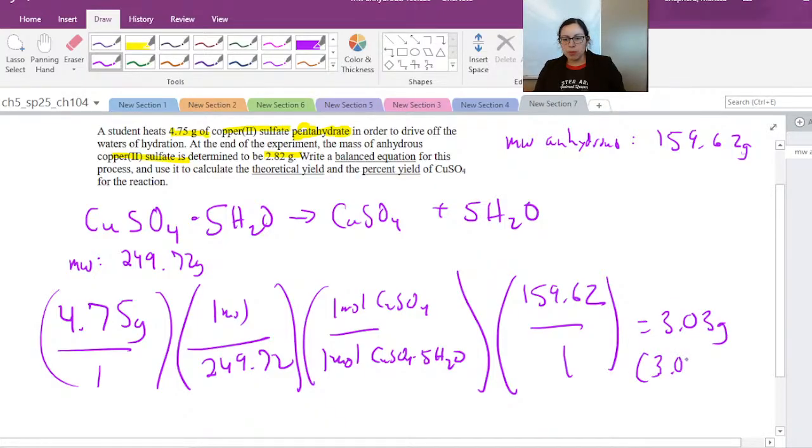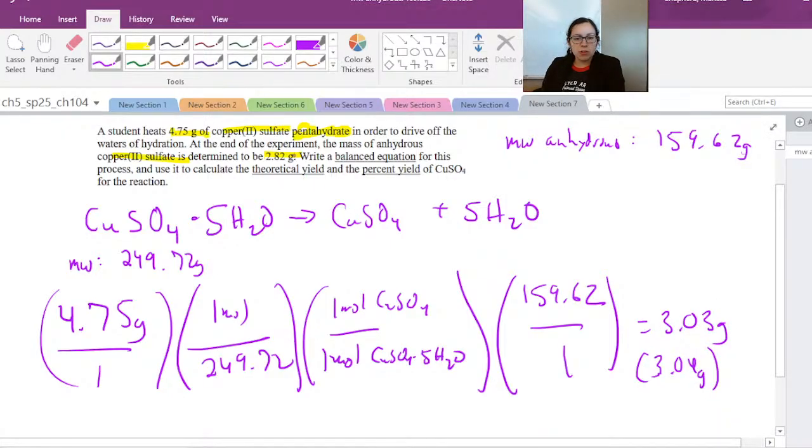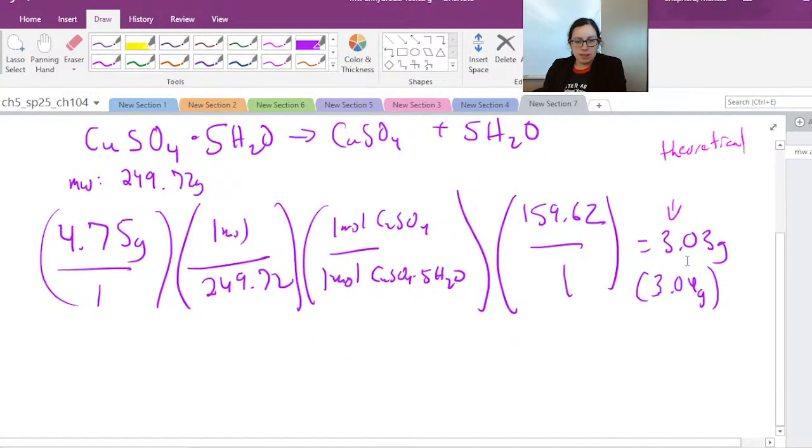I'll put both numbers. I think we technically got 3.04 with our rounding here. Now we can get our percent yield. This is our theoretical, so label that if you need. That's what we expect under perfect conditions.